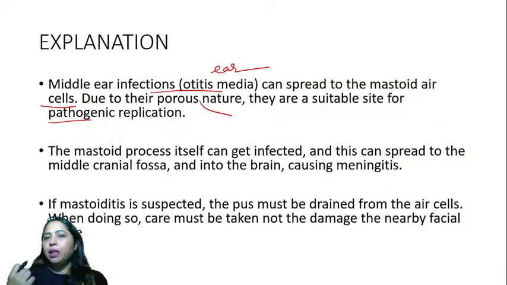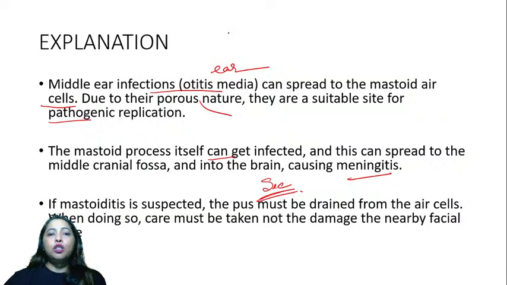They can multiply and breed quickly. And if it gets infected, then it can also spread to the brain and cause meningitis. So that is again secondary to the infection of mastoiditis. So first otitis media to mastoiditis, then to meningitis.